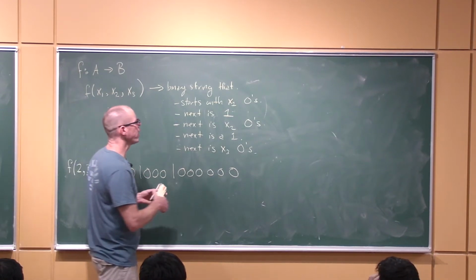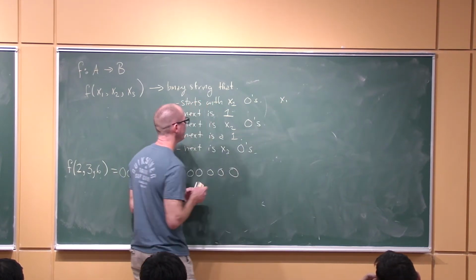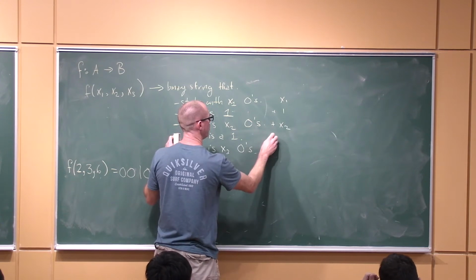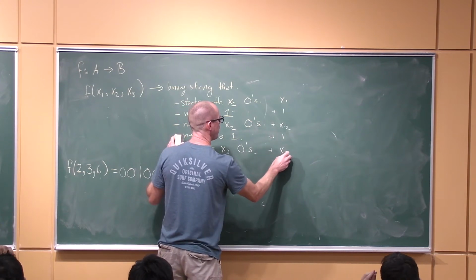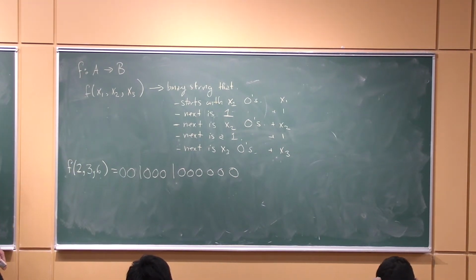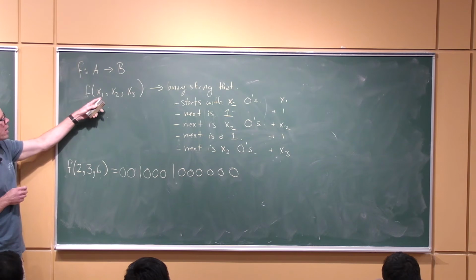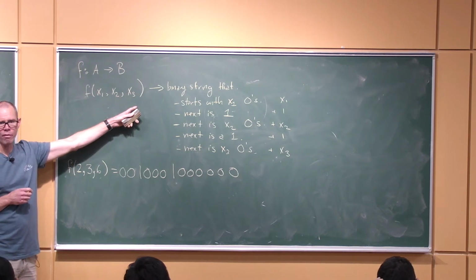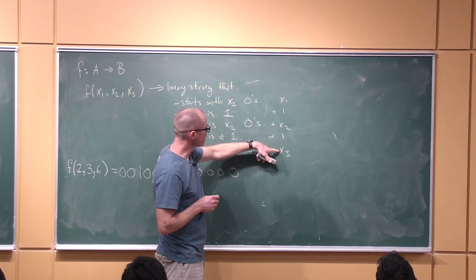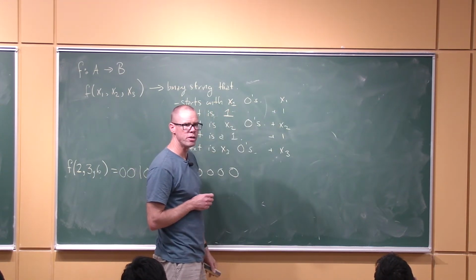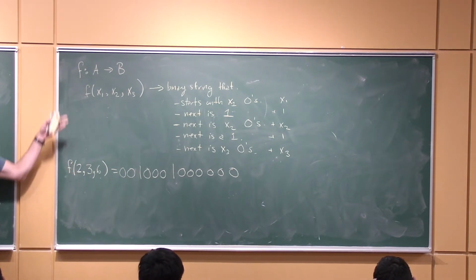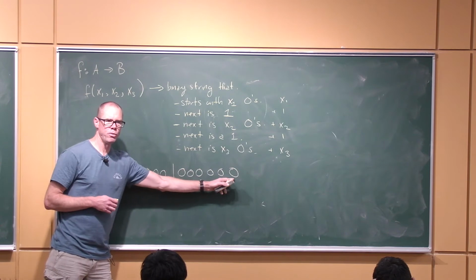The length of the string is x1 plus 1 plus x2 plus 1 plus x3, which, if we're coming from A, that means x1 plus x2 plus x3 equals 11. And that means this plus this plus this is 11, plus 2 is 13. So indeed, whenever you give me a valid input, one that comes from A, I'll produce you a string of length 13.